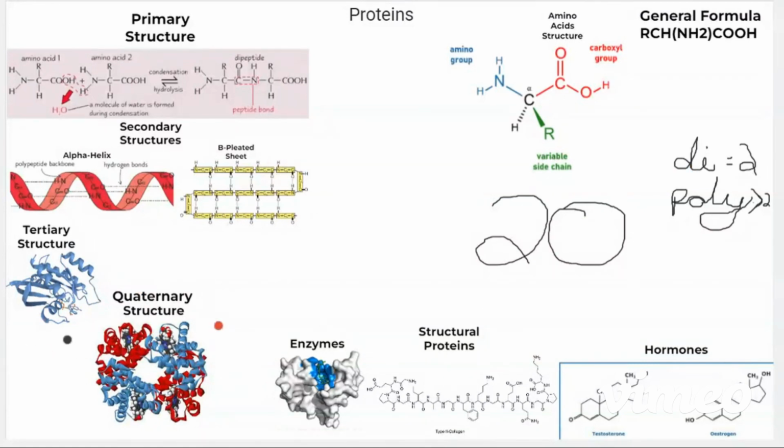Quaternary structure: the protein is composed of different polypeptide chains, and other organic or inorganic moieties. Proteins are globular or fibrous, functional proteins. They have globular structures, while fibrous proteins are of a structural function.